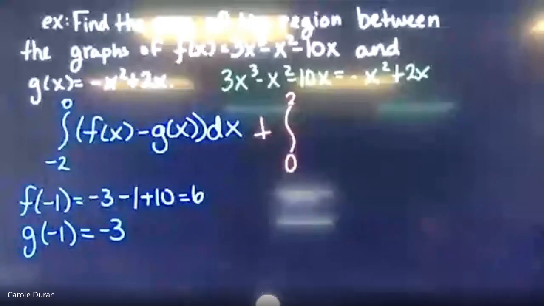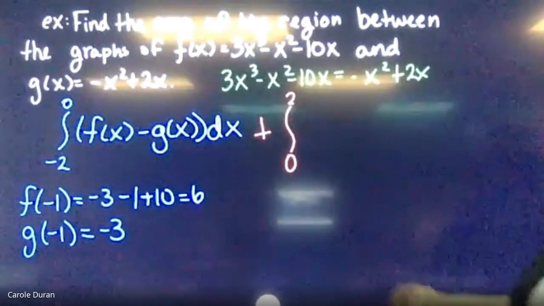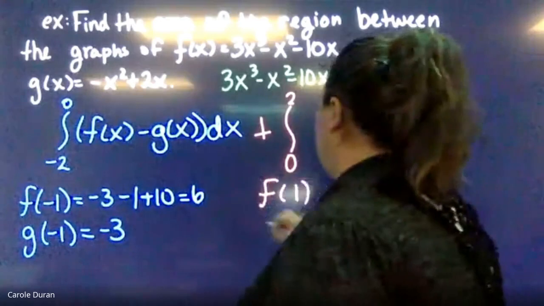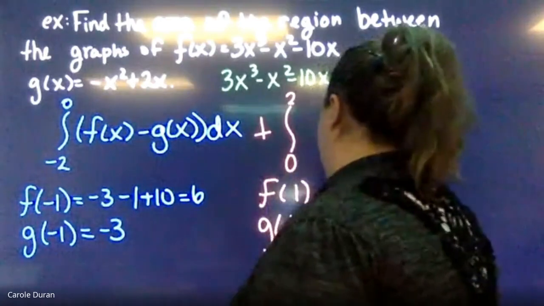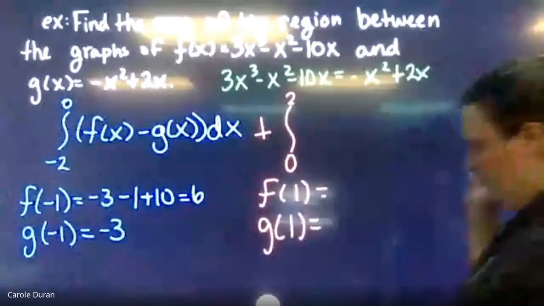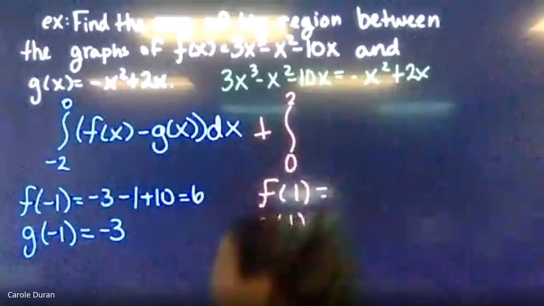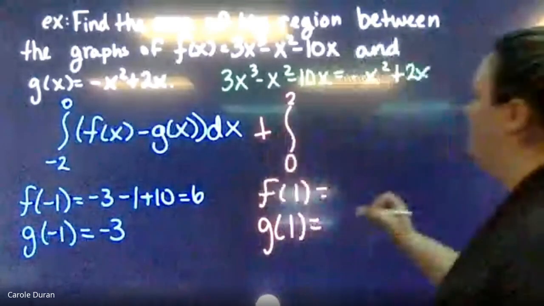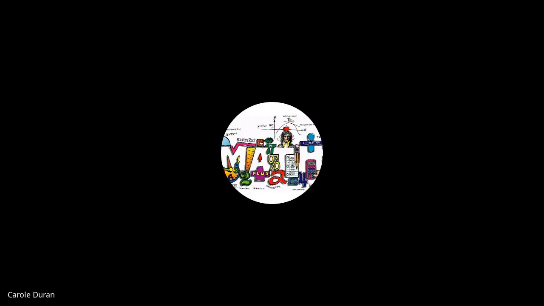And again, I have to test to see which one is on top. So I'm going to plug in +1 to each of the functions and see which one gives me the larger value. So when I do, I get G is larger because it gives me a bigger number.